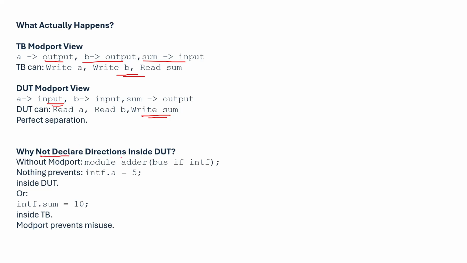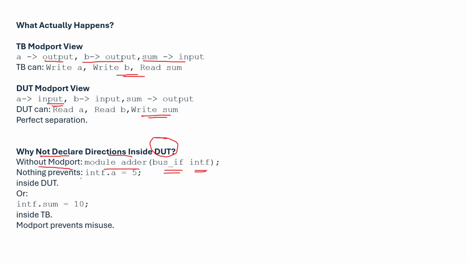Why not declare directions inside the DUT? In the DUT, we only represent the input and output signals. I am not representing any direction. Modports alone give the direction to these input and output signals. So with modports we can give names like module adder, bus interface, and interface name.